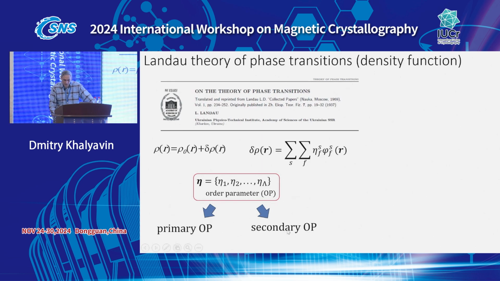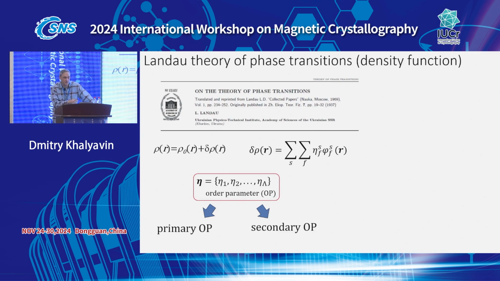At the core of Landau theory is a decomposition of what Landau called the density function, something which breaks the symmetry. So basically it's distortions. And at the core of the theory is the decomposition of these distortions into a set of symmetry adapted distortion modes, transformed as basis functions of irreducible representations of the paramagnetic, or let's say parent, space group, because we are talking about distortion in a very general way.